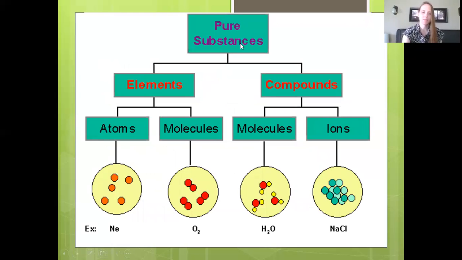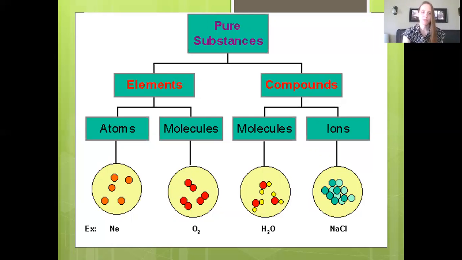So for our pure substances, our elements can be either individual atoms, like a neon atom floating around, or we can have elemental molecules as well, like oxygen or nitrogen, which show up as O2 or N2. And then you can also have compounds, which can be molecules like H2O, or ions.